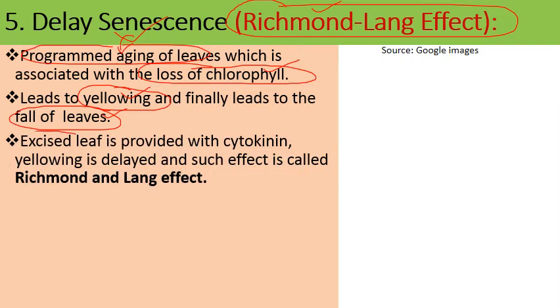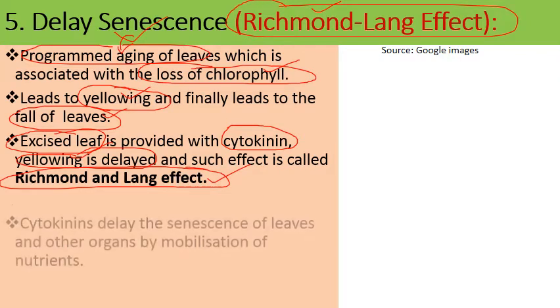When we put an excised leaf, that is a leaf taken from the parent plant, in cytokinin, the yellowing of leaves can be delayed, and such a delay in the yellowing of leaves when we put it in cytokinin solution is known as the Richmond-Lang effect. It is named after the discoverers of this phenomenon.